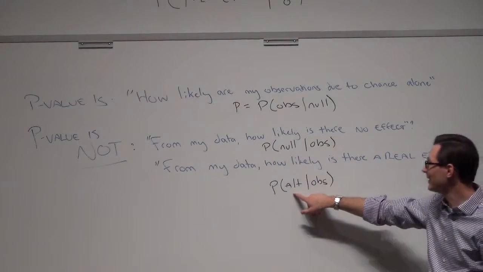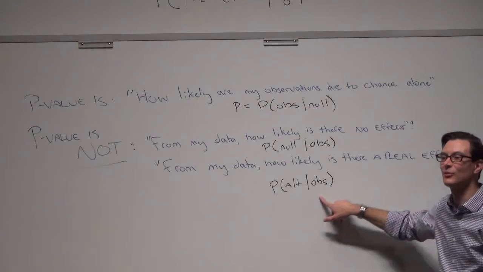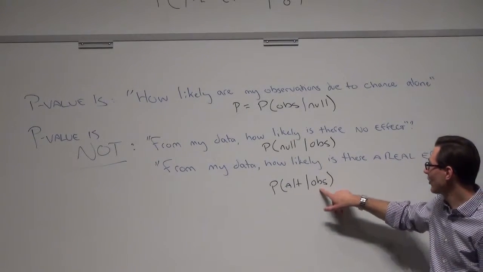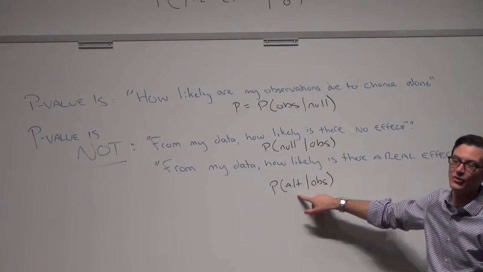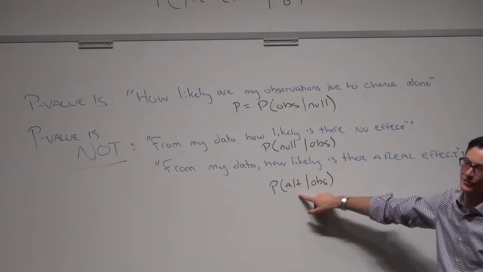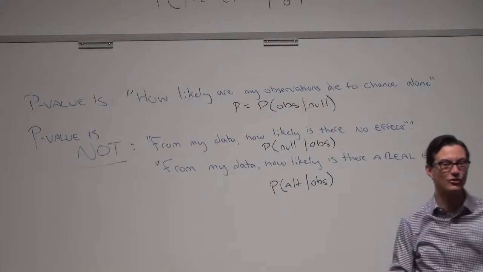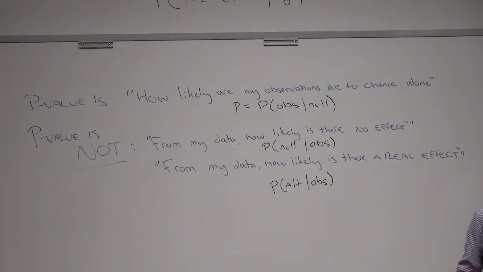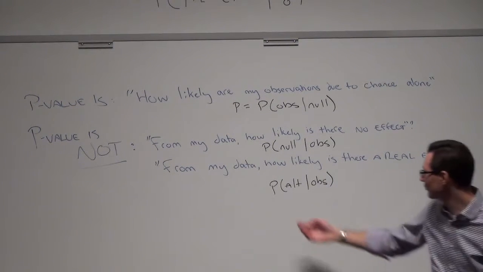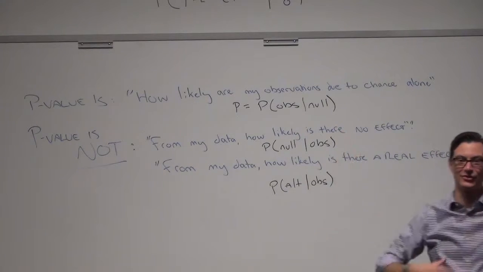How much should we believe in the alternate hypothesis, given what we've seen? Is our evidence enough to make us think that the alternate is true? What is the probability of the alternate hypothesis, given what we've seen? That's what we really want to know. That's what we're trying to answer as biologists with gathering data. We want to gather more data until this probability becomes big, and we can say, yes, it's true.